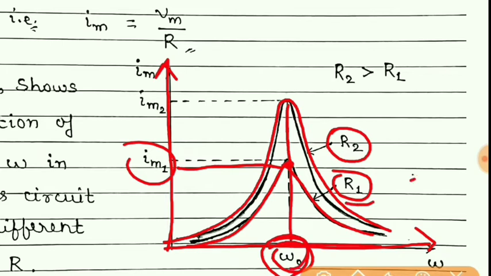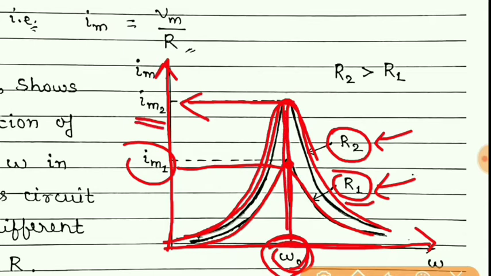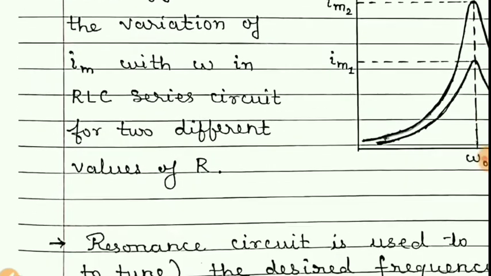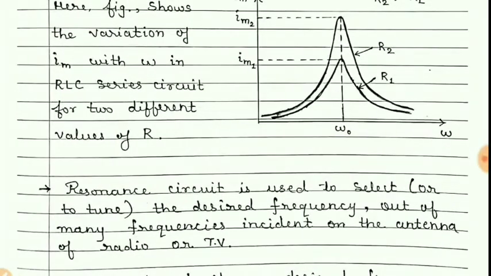You can see with the change in the value of R, the peak value of current, that is the maximum value of the current, changes, but it is obtained at this frequency only, which is the resonant frequency. So here for two different values of R, the curves are shown in this figure.